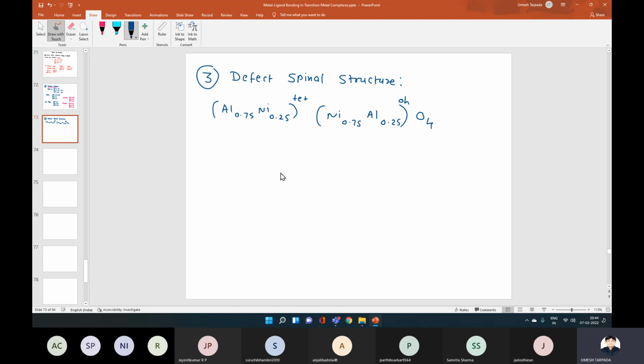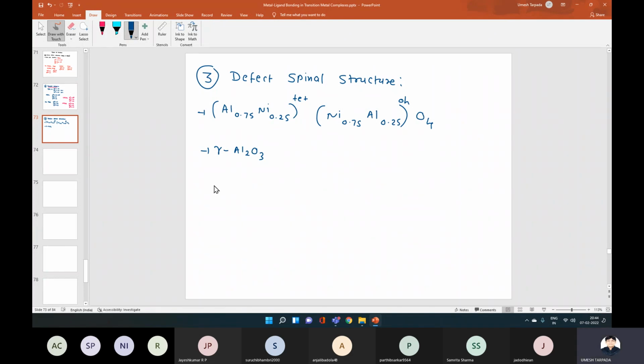So this type of structure you can call defect spinel. One example is Al2O3 also. Gamma Al2O3 is also an example of defect spinel. So in this way there are three types of structures: normal spinel, inverse spinel, and defect spinel.